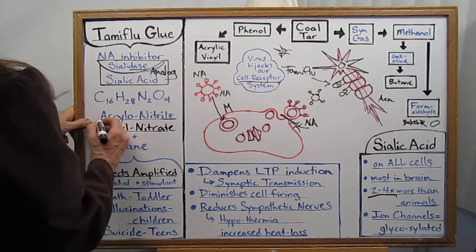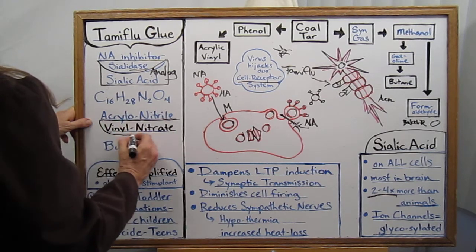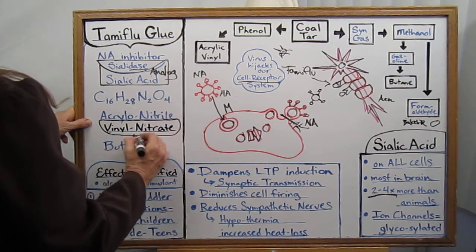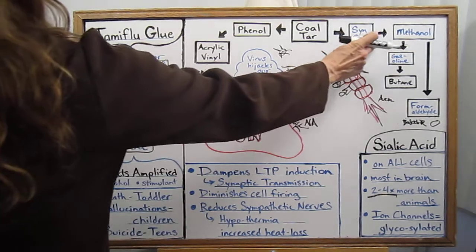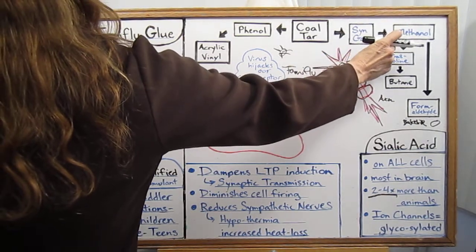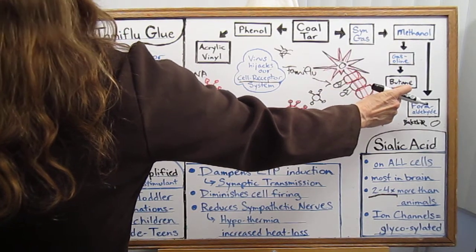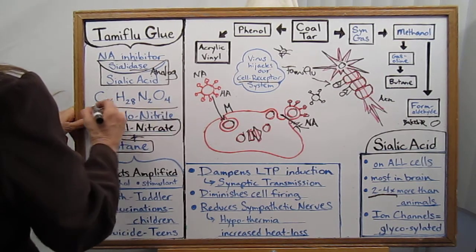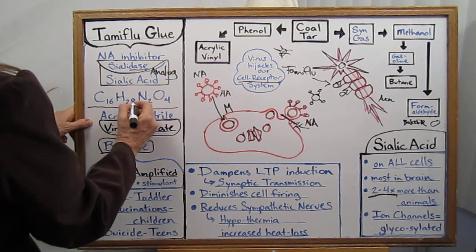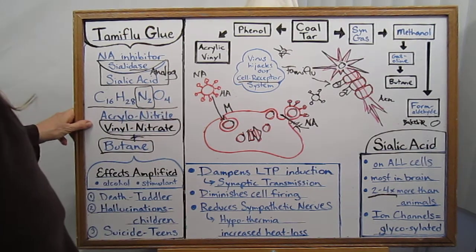And we've got an acrylonitrile here, which is otherwise known as a vinyl nitrate, plus butane, which is formed by synthesis gas becoming methanol, becoming gasoline, becoming butane. So again, you're getting a huge molecule here. The formula is carbon 16, hydrogen 28, nitrogen 2, and oxygen 4.